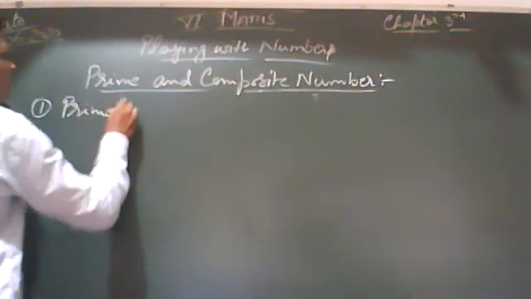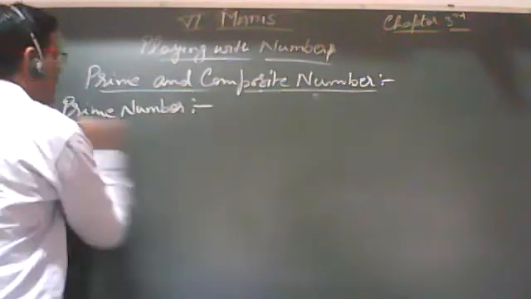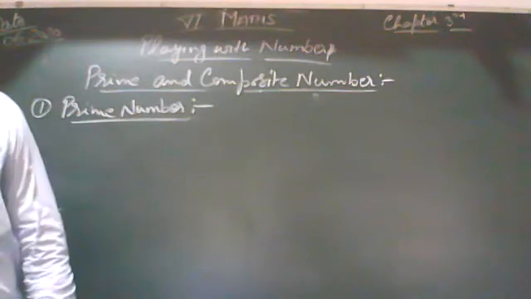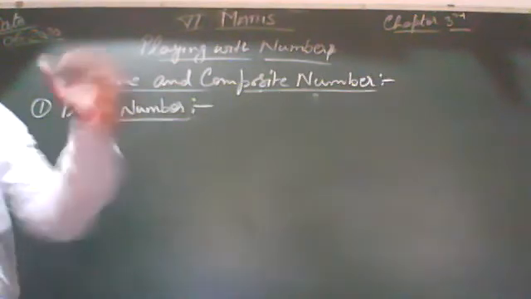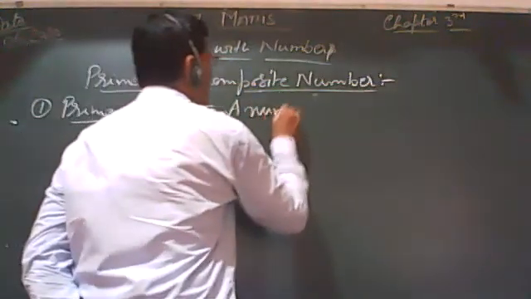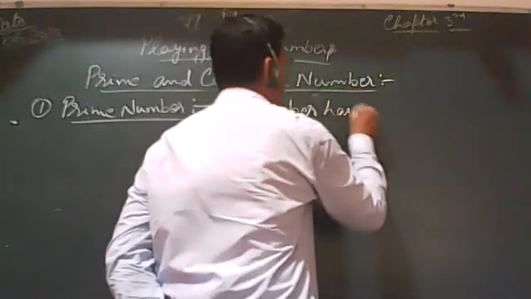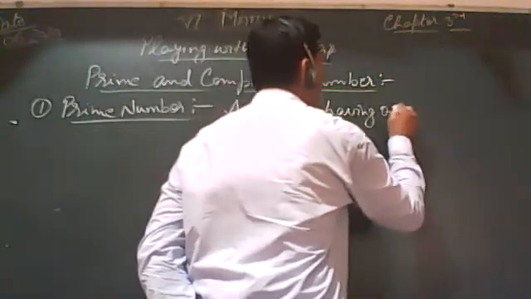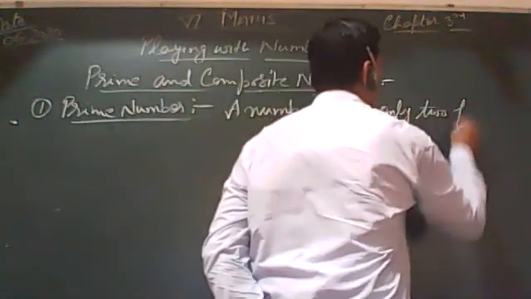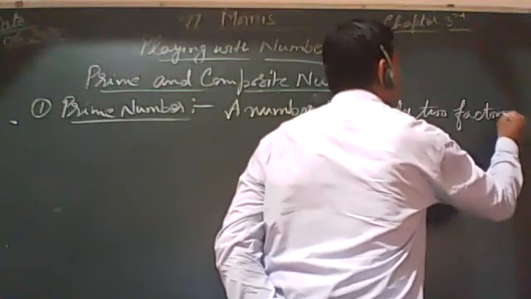Prime number: a number having only two factors.